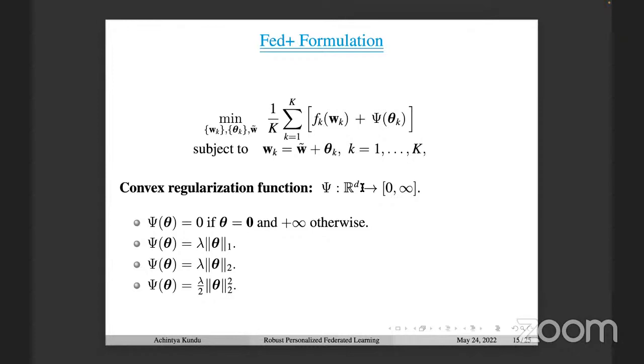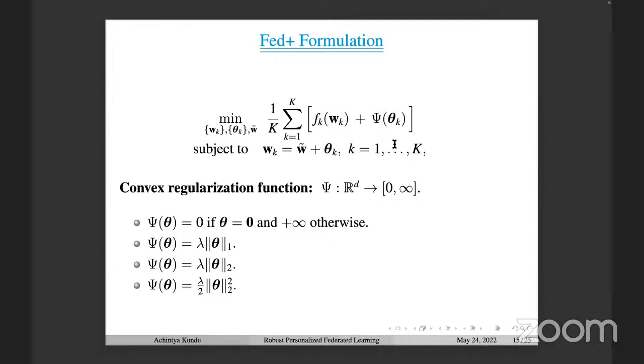Here we have the personalized models, which are composed of two parts: the global model plus a personalized component, and the personalized component has a regularization. If the regularization is too high, for example the first one, it's 0 if and only if theta is 0, otherwise it's infinity. That will enforce that you cannot deviate from the global model. So it's basically the original problem itself, where you learn a single model across all the data sets.